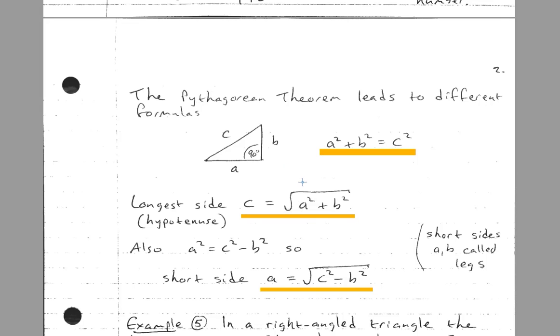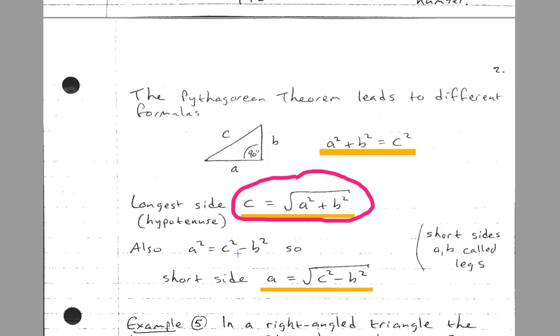Alright, so you use this formula if you're looking for the hypotenuse, the longest side. But you can rearrange this. Subtract b squared from both sides, solving for a, so a squared is c squared minus b squared.